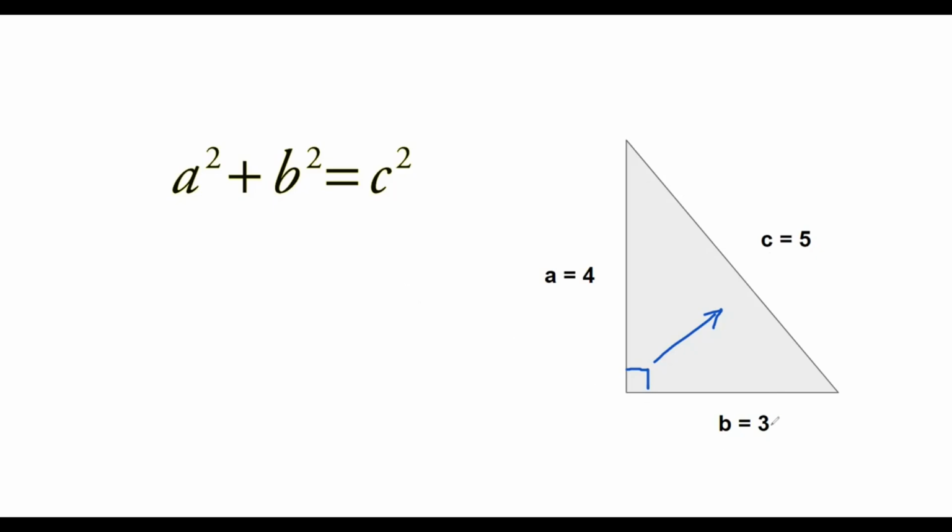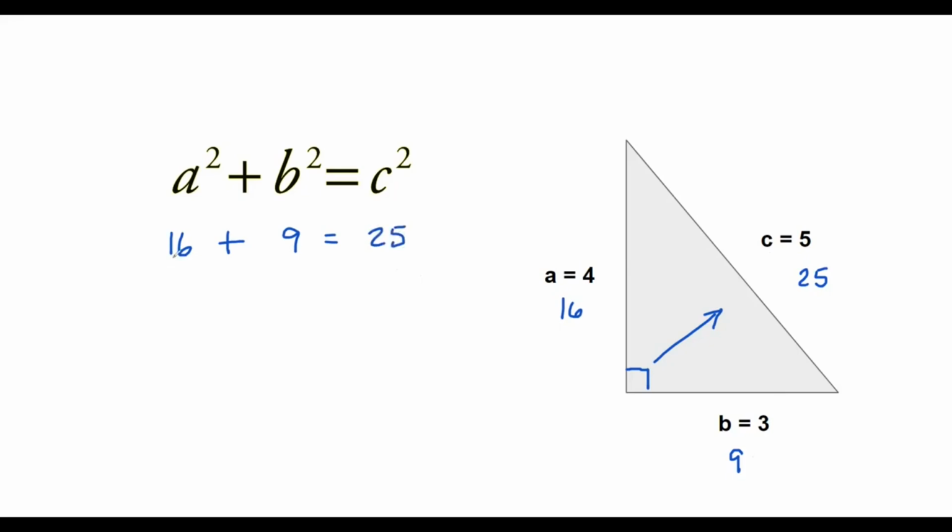So let's square 3. 3 times 3 is 9. 4 times 4 is 16. And 5 times 5 is 25. So A squared is 16. B squared is 9. And C squared is 25.